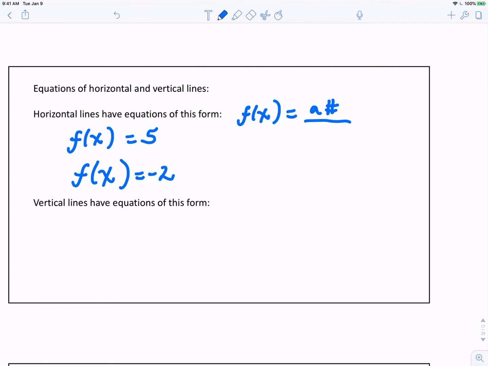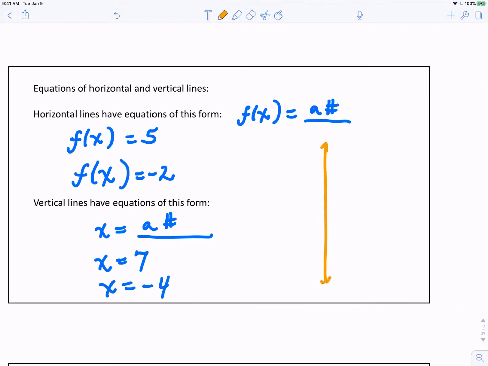Vertical lines have equations of this form: x is equal to a number. So in other words, x is equal to 7, or x is equal to -4. Now, sometimes people get nervous about how they're going to remember which is which. You don't have to be nervous about that. You can always draw yourself a picture and figure it out.